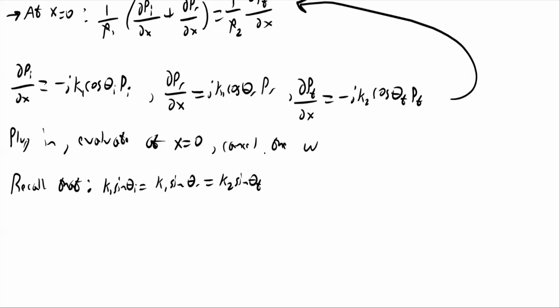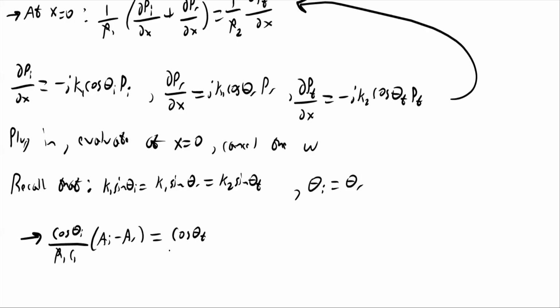And so the exponentials cancel. And we also know that theta I is equal to theta r. So if you do all that, which is a little bit of work, but relatively straightforward, you obtain that cosine theta I over rho 1 C1 times AI minus AR is equal to cosine theta t over rho 2 C2 times AT.